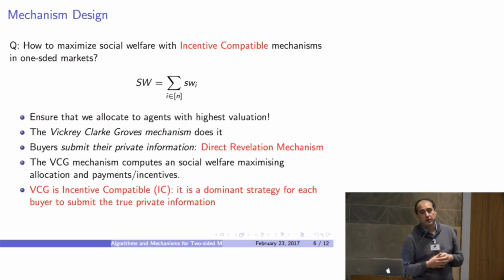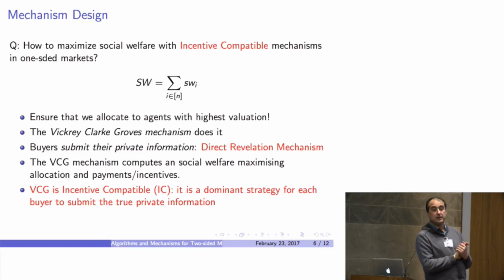A one-sided market is a market where we have one class of agents and a mechanism that will provide some goods or some services to these agents. Here we require something very important: that we provide the right incentives to the agents so that they give away their private information. It will be in their interest to reveal their private information to the mechanism.